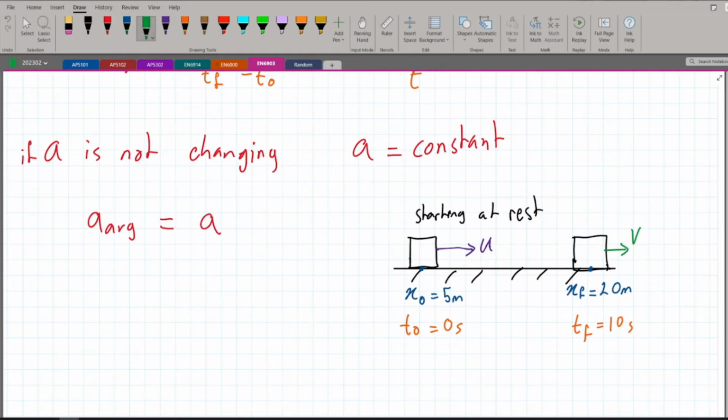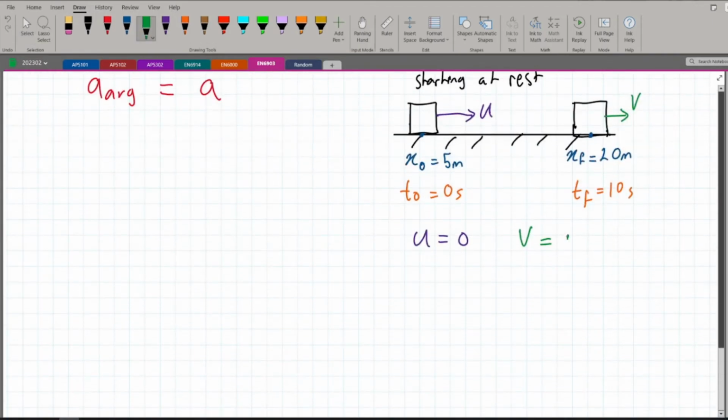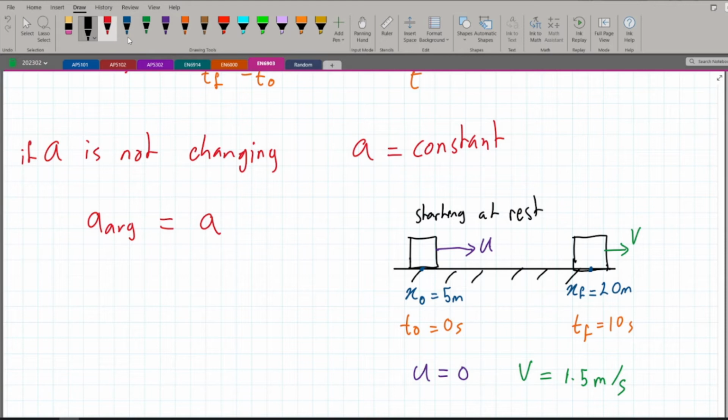All right? We know that u is equal to 0 because it is starting at rest. And we have already found v to be equal to 1.5 meters per second to the right, or plus 1.5 meters per second. Okay? We have assumed, remember, that this is the direction of motion. So we can also know that acceleration is most probably going to be in the same direction, because how else would it move? But this is where we have assumed our positive motion is.